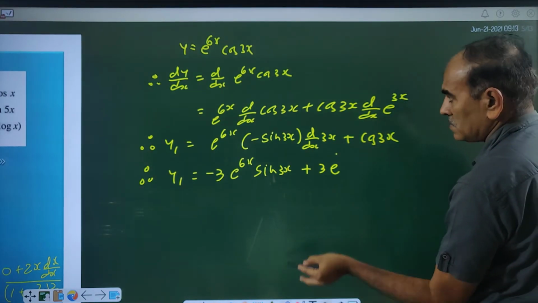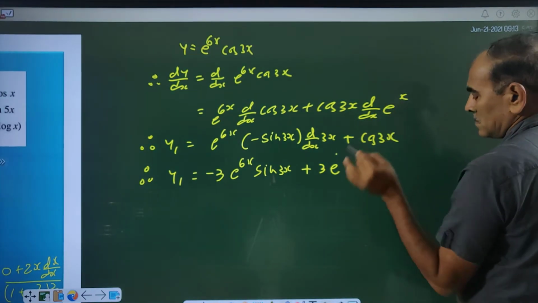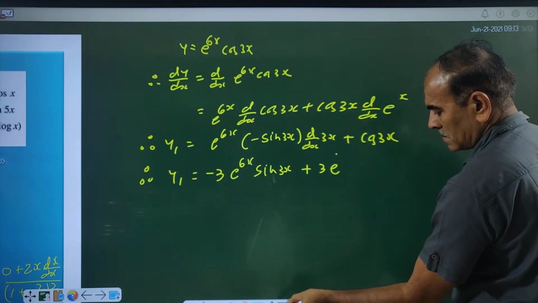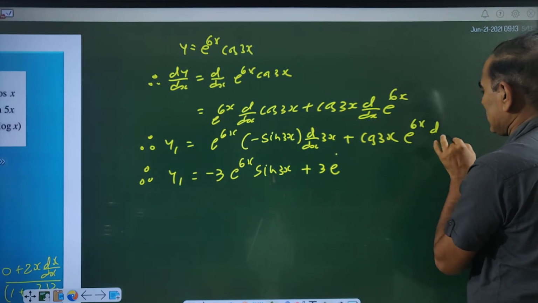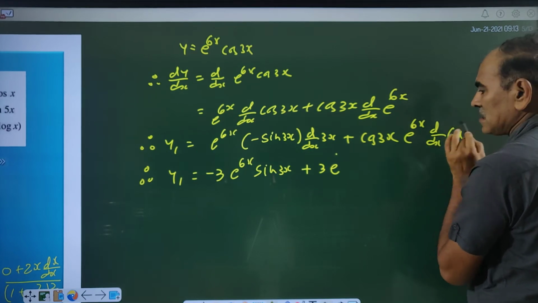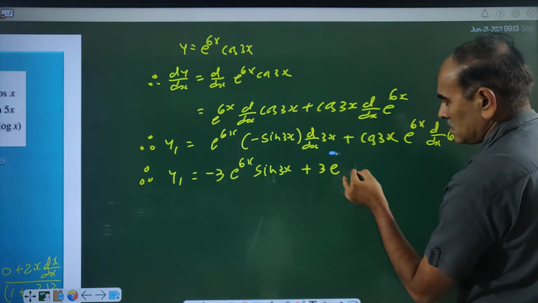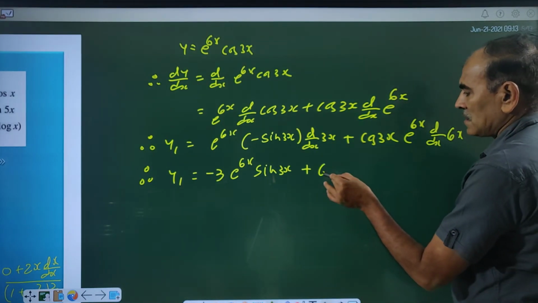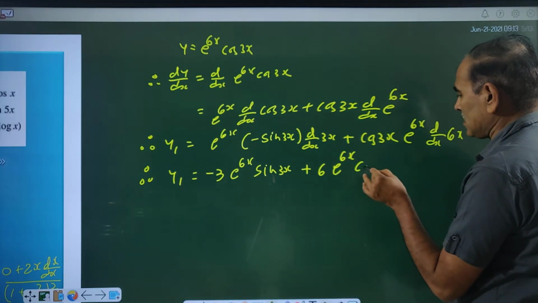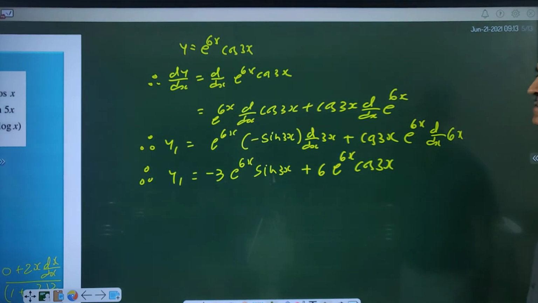Here also a mistake is there. Here 6 is there, so e raised to 6x, d by dx of 6x. So here what comes out? 6 e raised to 6x cos 3x. Okay, this is the first derivative.